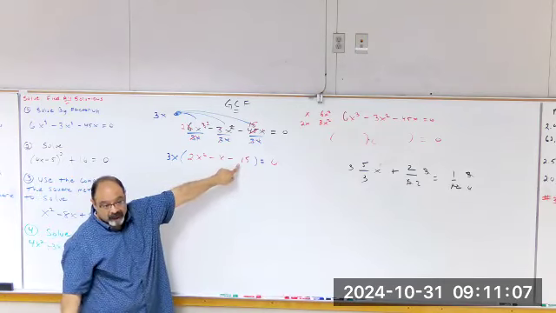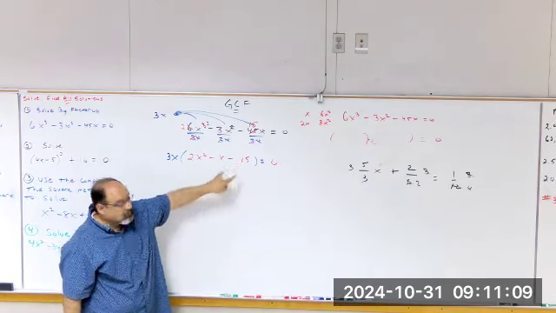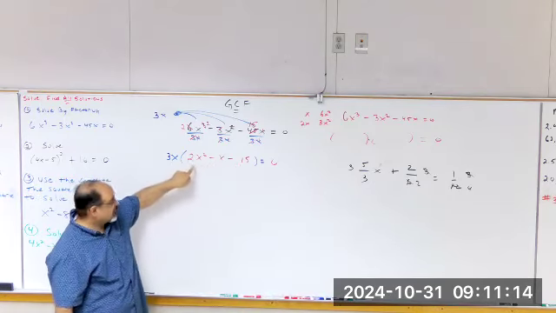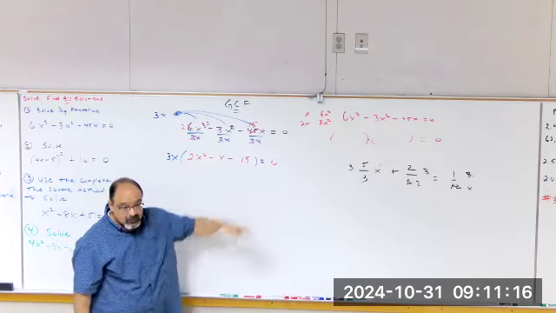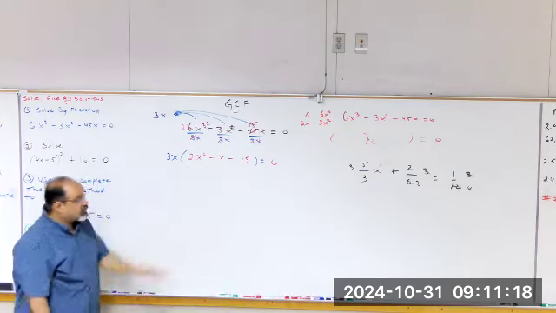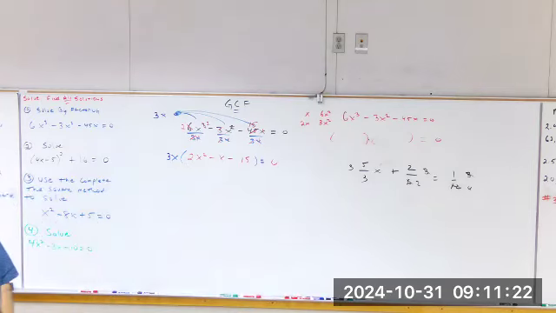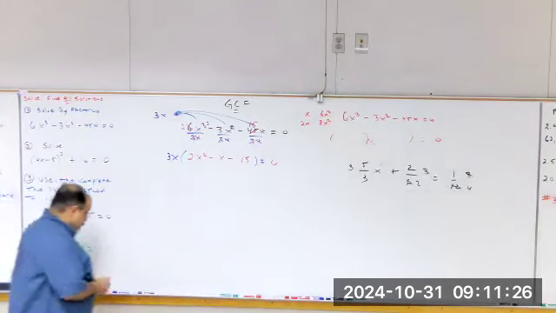That's not a square. 15 is not a square. A squared plus 2ab plus b squared. No. First of all, that's not a square, and that's not a square. So it's not that special product. A squared minus b squared. No. It's not one of our special products. So now you set up the parentheses.